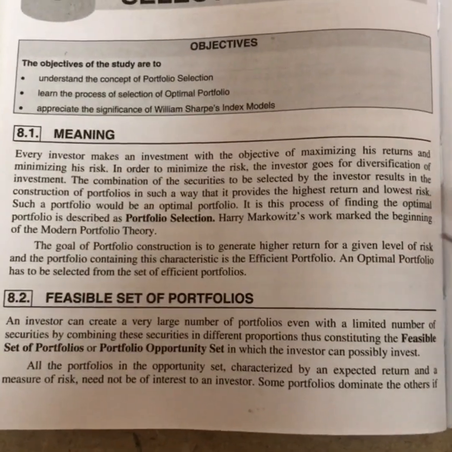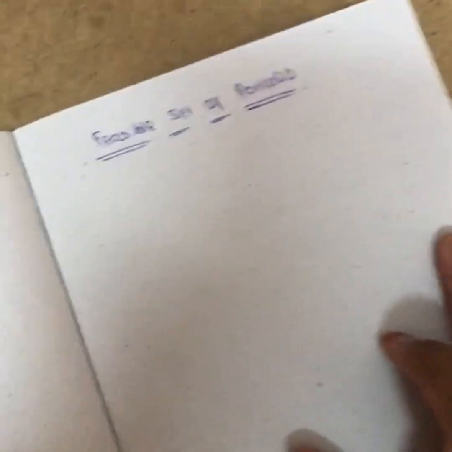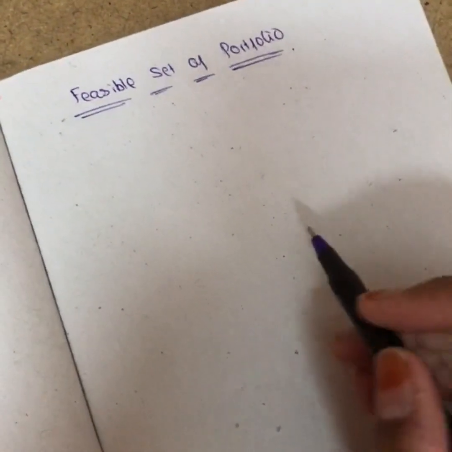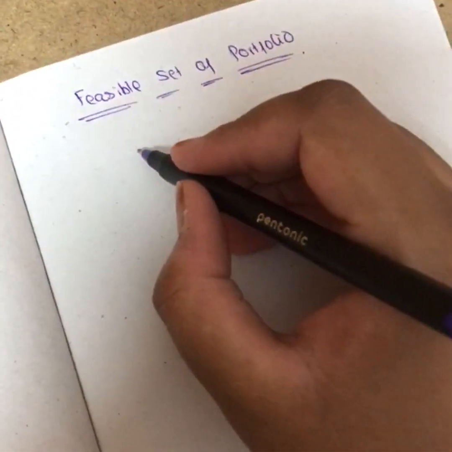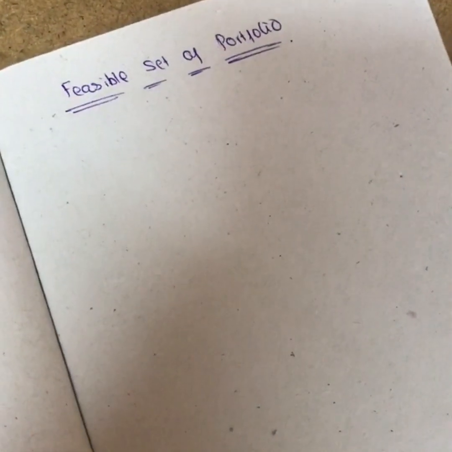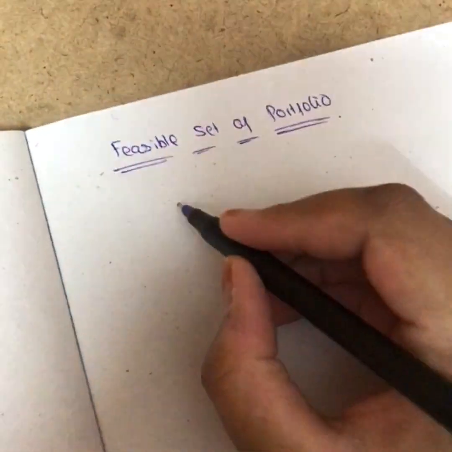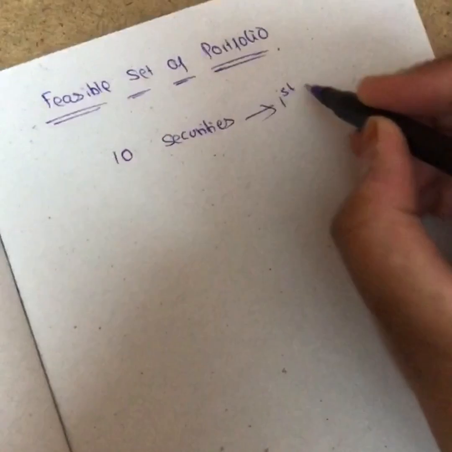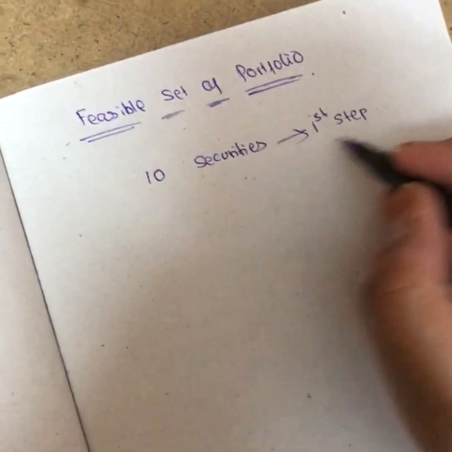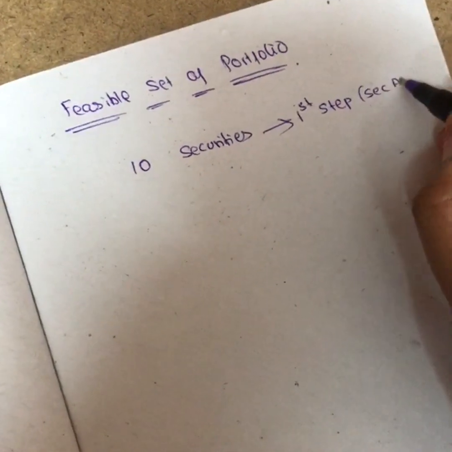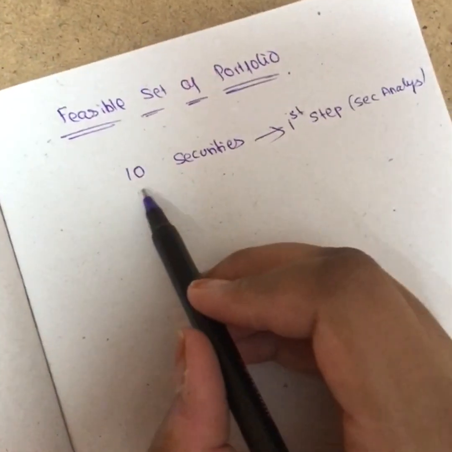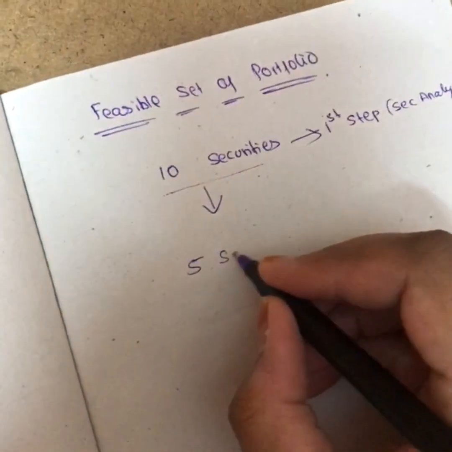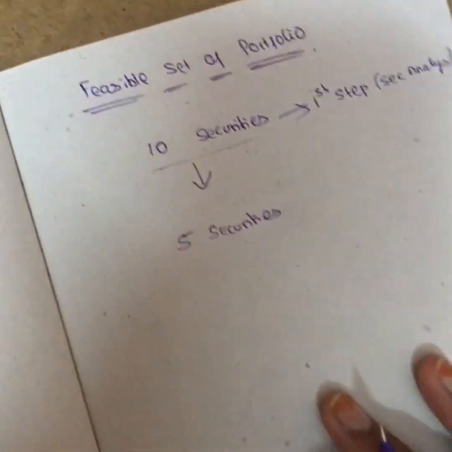Next one is the feasible set of portfolio. Earlier we saw an example: depending upon the amount that I am going to invest and the risk that I am going to bear, I have selected 10 securities. The first step is security analysis. By calculating risk and return for all the 10 securities, I narrowed these 10 securities down to 5 securities.